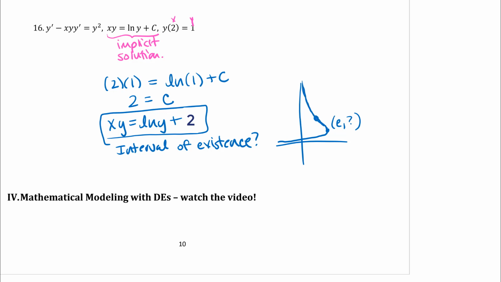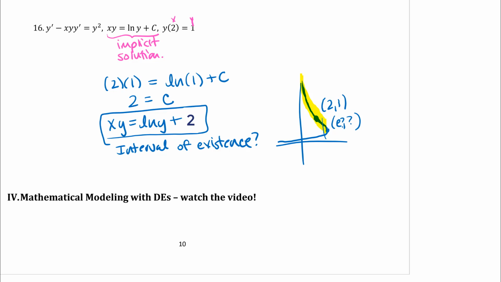The initial condition that we were given, (2, 1), was on this part of the function. So the place where the solution curve would satisfy the differential equation would be this region here, up to the point that appears to be approximately x equals e. The function appears to have a vertical tangent line there, and certainly beyond that point the graph isn't even really a function, so we really can't talk about a derivative beyond that.